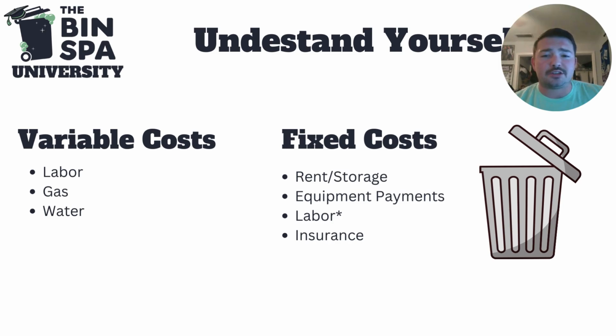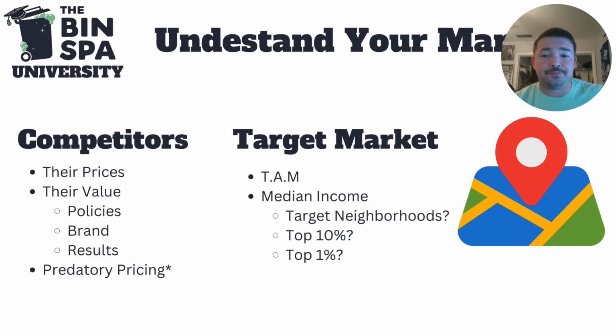Then your fixed costs are your rent or storage, your equipment payments. If you're getting a truck financed, whatever you're paying on all your equipment, your labor, especially if it's a salary position, insurance. There's plenty of other examples, but we're not going to go into this too much. Just you have to understand your own internal prices, your own internal costs, because your price needs to cover this at the very minimum, right?